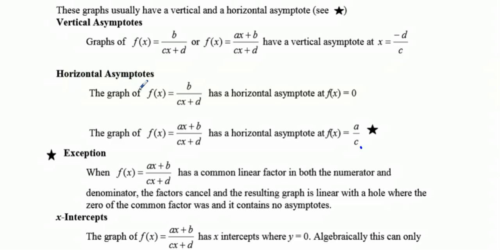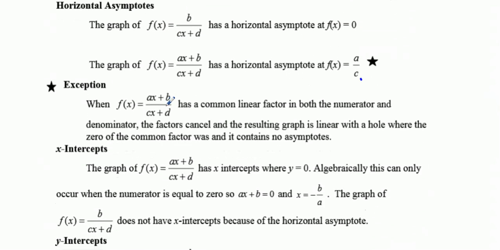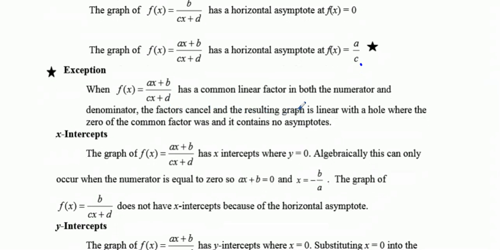And there is an exception to that: if you had a common linear factor that you canceled out in the numerator and the denominator, and you result in a linear graph, then you're going to end up with a hole where the common factor was that you canceled, and your graph will contain no asymptotes. I will explain that more in detail when we get to an example like that.